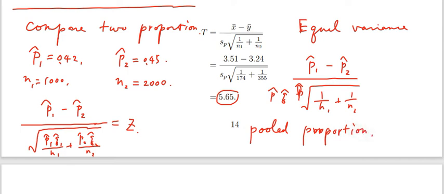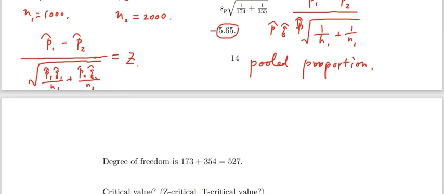So what is a pooled proportion? A pooled proportion is where we just put those people together. So totally, we have this P hat.